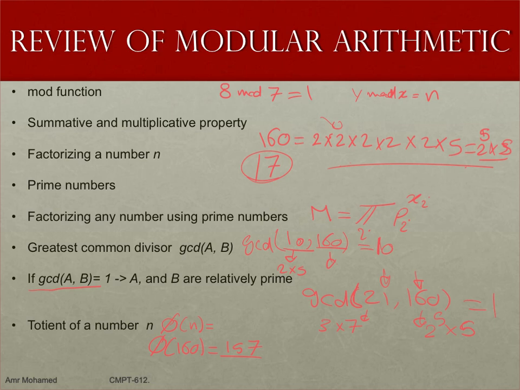If I give you a very, very large number, a 300-digit number, and I tell you to factorize this number, you will keep trying. You will say, is it divisible by 2? If yes, that's good news because you have reduced the big number into half. Then you try to find another prime number that divides this.